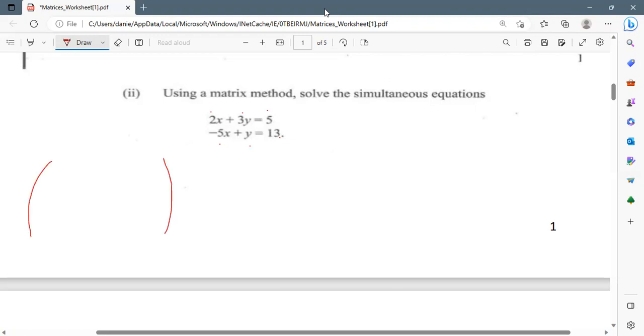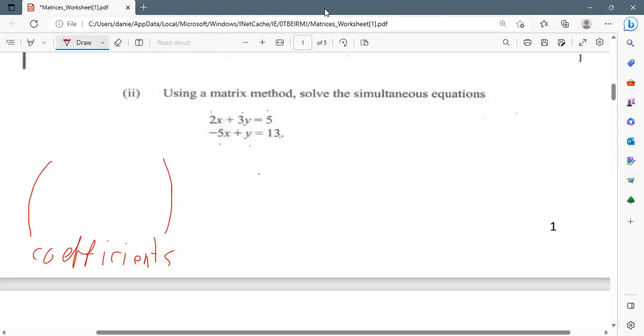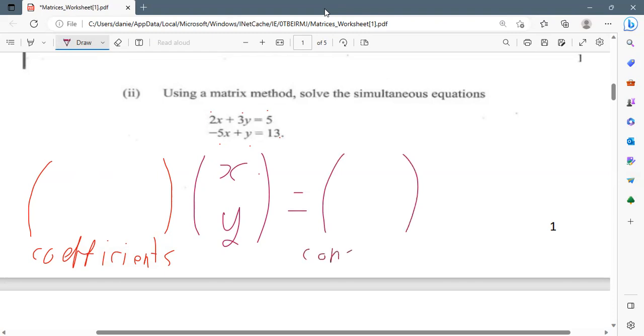One matrix is for the coefficients, and this matrix here is for x and y. This is equal to the constants. So there's the setup.